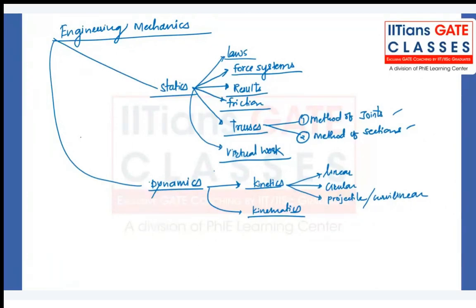We derived that the square of total acceleration is equal to the square of the tangential component plus the square of the normal component of acceleration. Okay, and we have solved problems on all of these topics. So all topics are equally important.